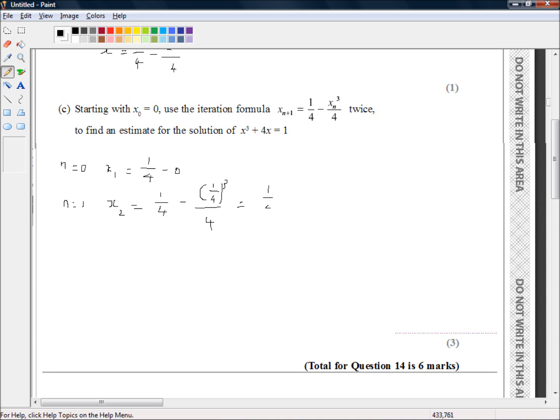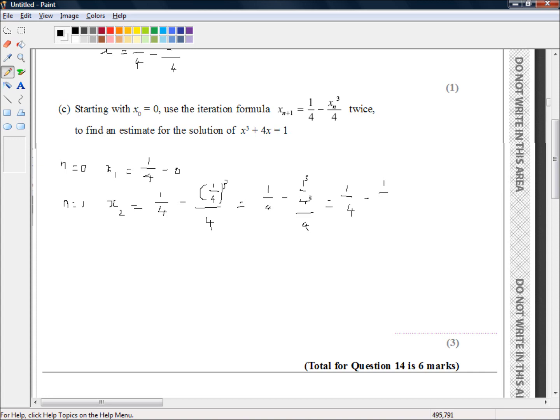So that's 1 over 4 minus, well, 1 over 4 cubed is just 1 cubed over 4 cubed, which is divided by 4. And 1 cubed over 4 cubed is just 1 over 4 cubed.